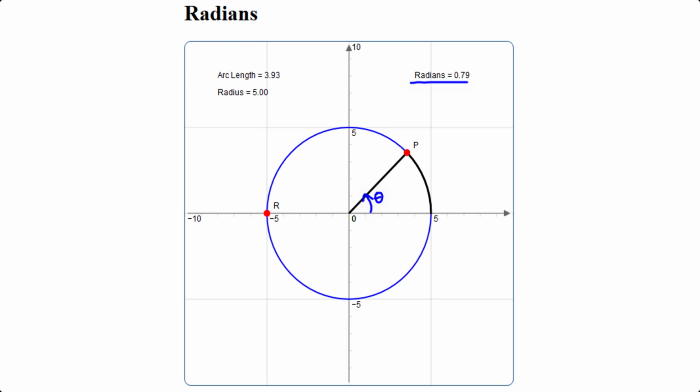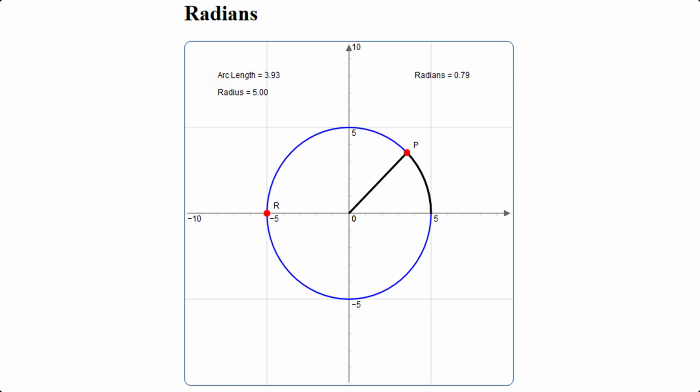It also tells me the arc length. So this arc length right here is the distance from the x-axis up to P. And it also tells me the radius of the circle. And the radius is always going to be 5 unless I change the radius. And I can actually change the radius by moving this point. But for right now, I'm going to leave the radius at 5.